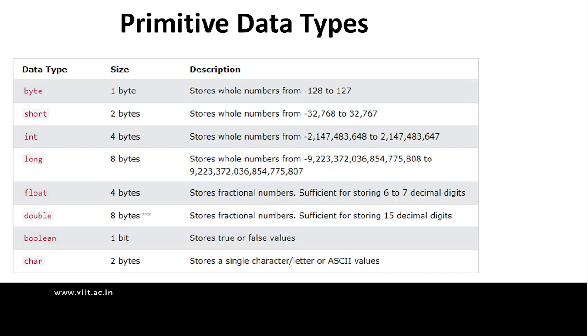For example, if you want to store 100, which cannot exceed 127, or use -90, which cannot be less than -128, it is better to use byte in that case.